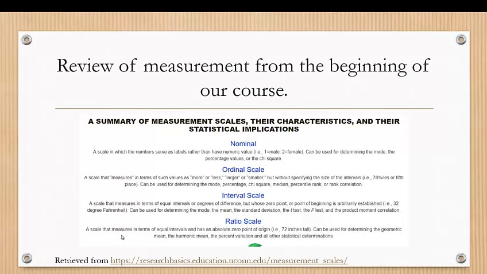Just to remind you about numbers, what we're looking at is interval and ratio numbers here. There are other ways of dealing with nominal and ordinal scale numbers in testing, but that is out of the scope of our course. What we are looking at is differences using interval scales and ratio scales.